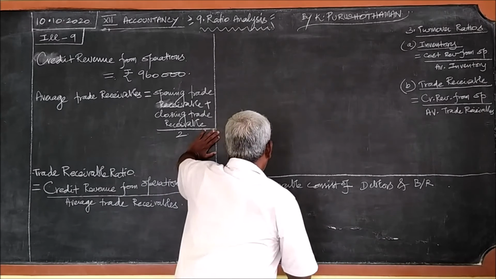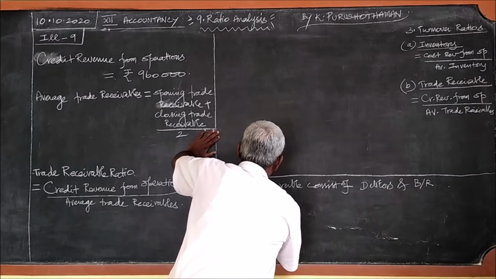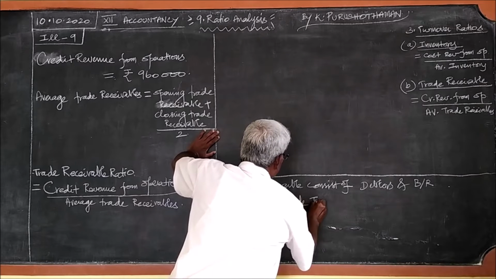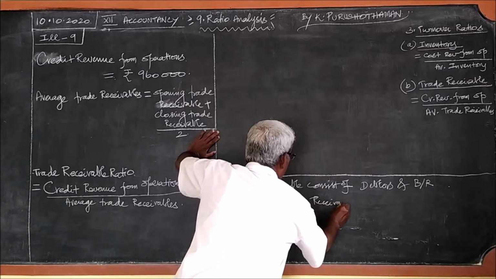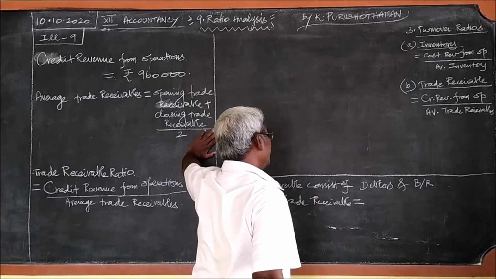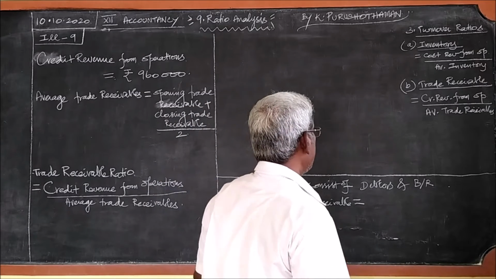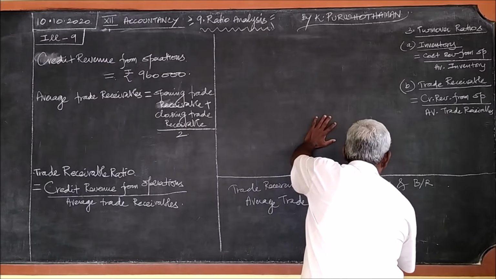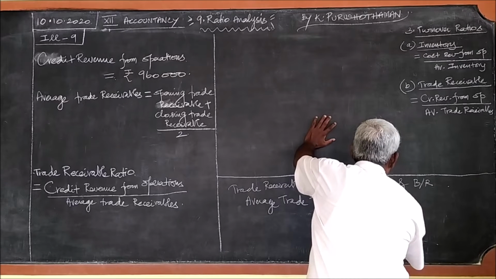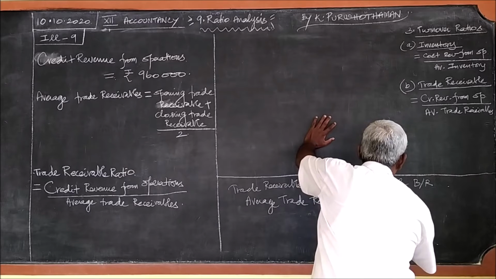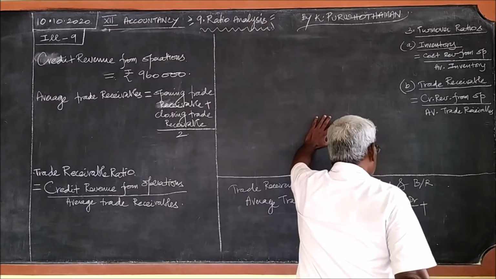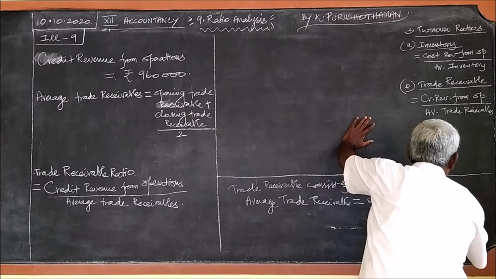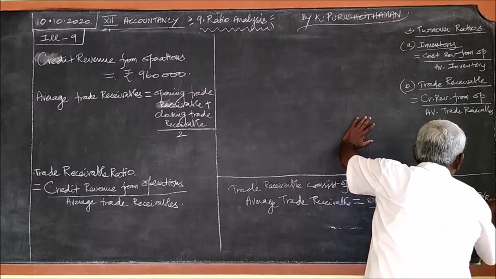So, how to find average trade receivable? Listen carefully. Average trade receivable is equal to average of debtors plus average of bills receivable. That is opening debtor plus closing debtor by 2 plus opening bills receivable plus closing bills receivable by 2.